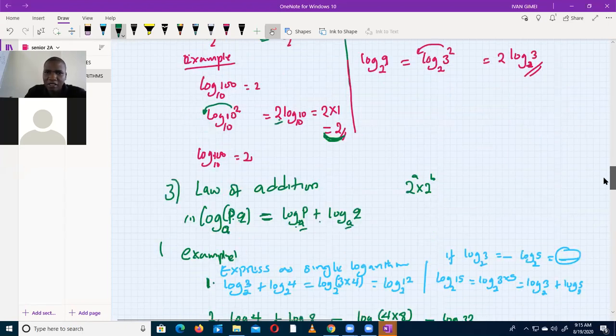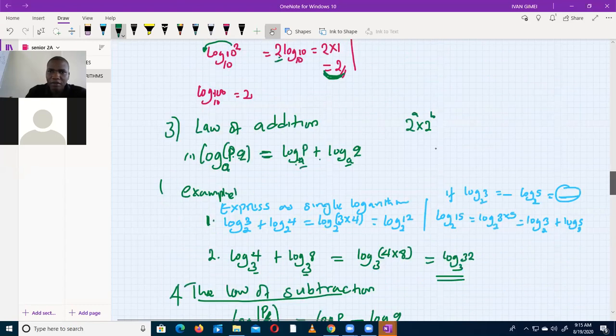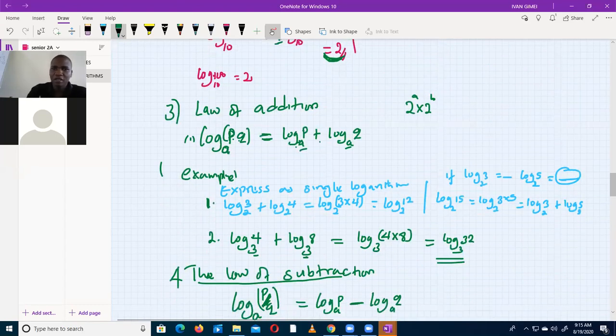Then the other law is the law of addition. We can say addition or multiplication, because we're multiplying here, we're adding here. So if I have log of p base a plus log of q base a, the bases are the same, I can simply combine them and say this is the same as log of p times q base a. And the reverse is also true.